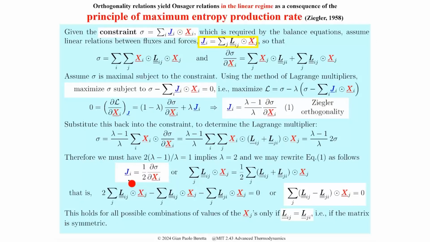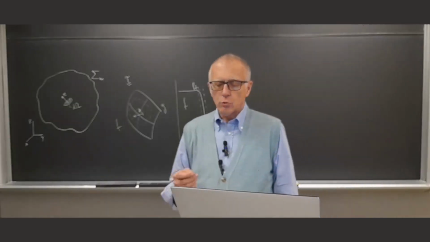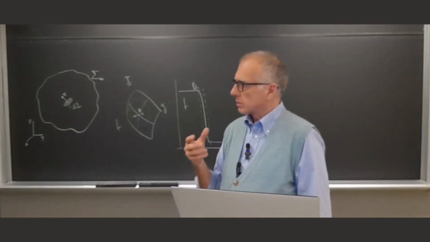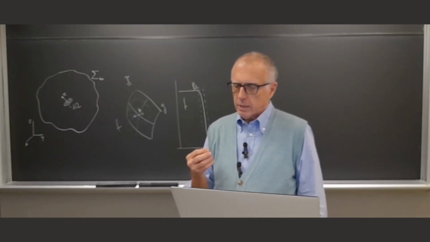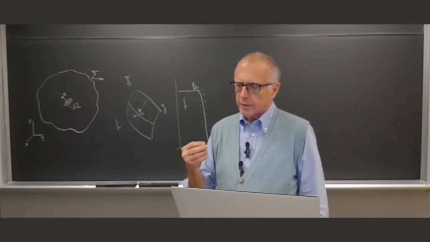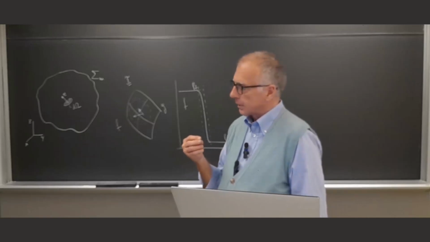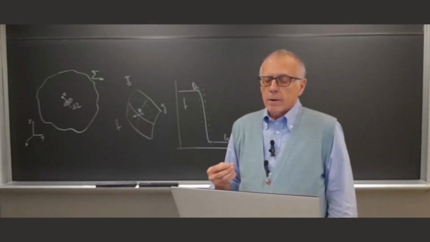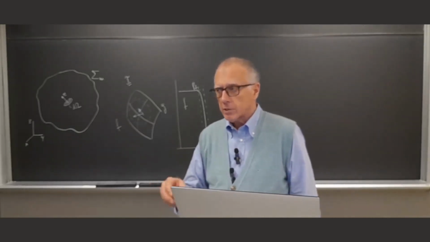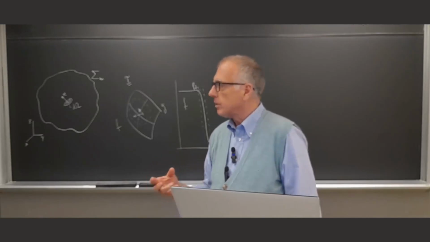Okay. So, fine, you can proceed this way. Ziegler actually introduced this idea of maximum entropy production because his objective was, he was a material science person, I guess, and he wanted to be able to describe things like plasticity, and plasticity doesn't have a linear regime.